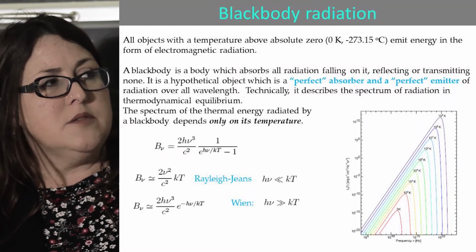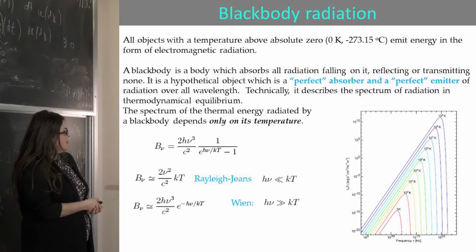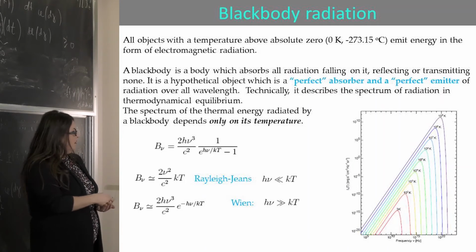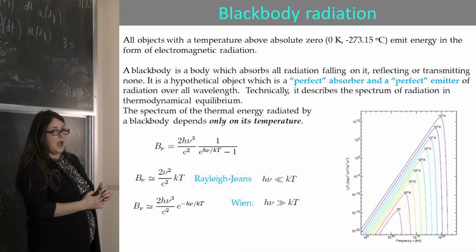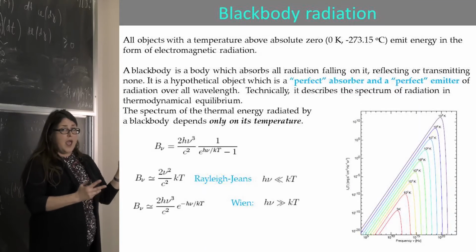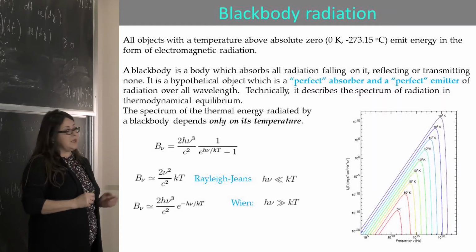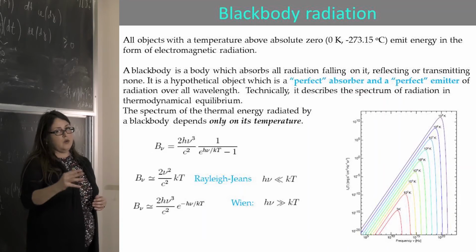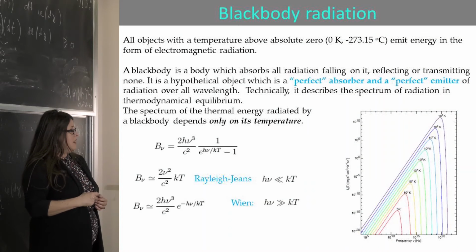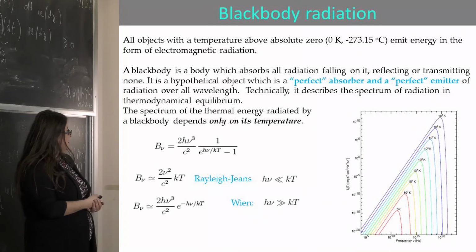And here in this plot you can see how the Planck function, with increasing temperatures, keeps the same shape. The only difference is in the amplitude of the spectrum and in the position of the peak, which is translated to higher frequencies for higher temperatures.